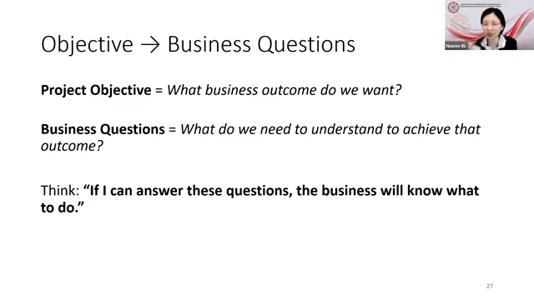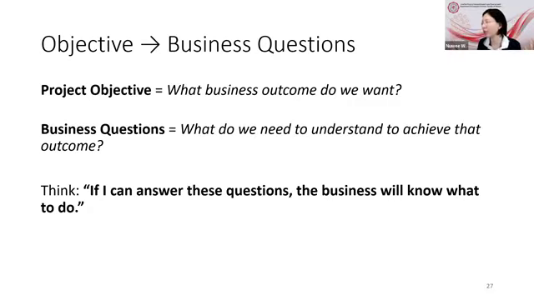So in this case, it's business questions. We need to understand how to achieve that outcome using these questions. If we can answer this question, right? So think about this. If we have a business question and we can answer it, the business will know how to accomplish and get the business outcome that we set out in the objective.